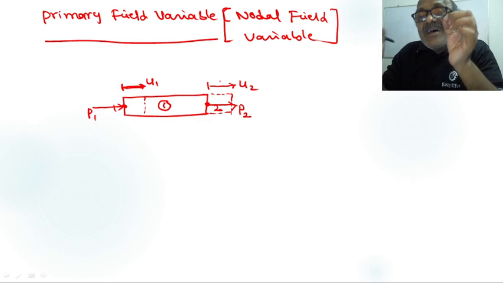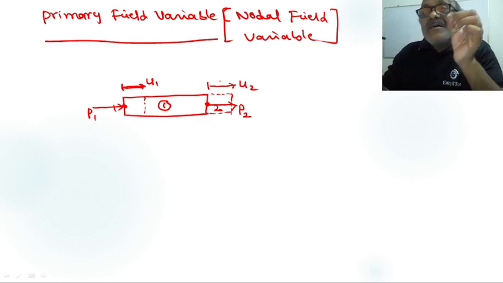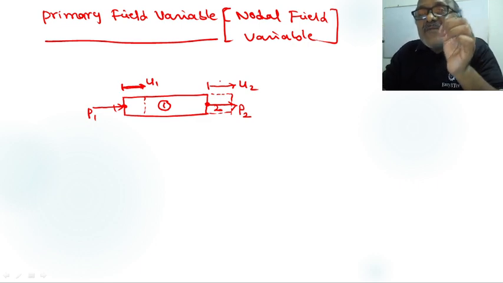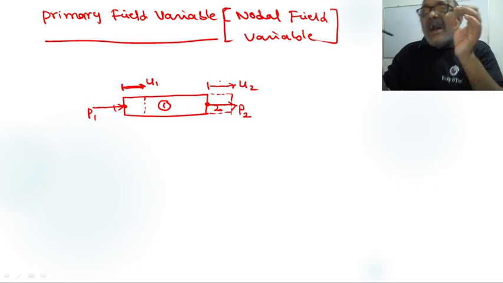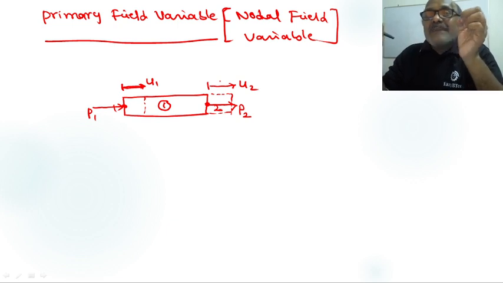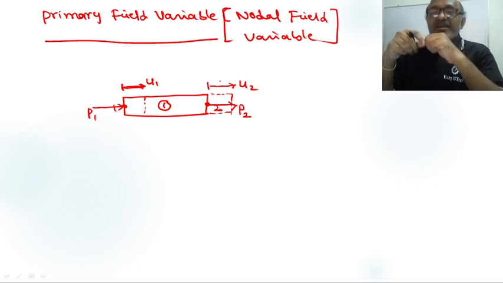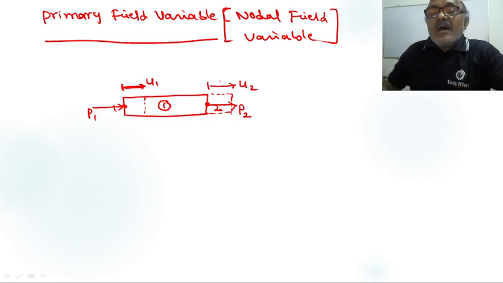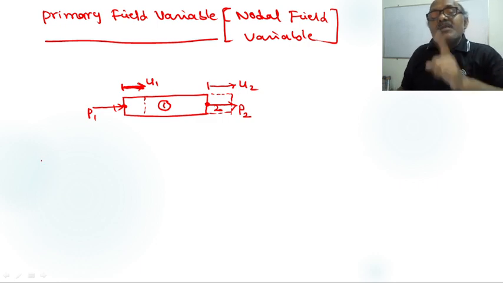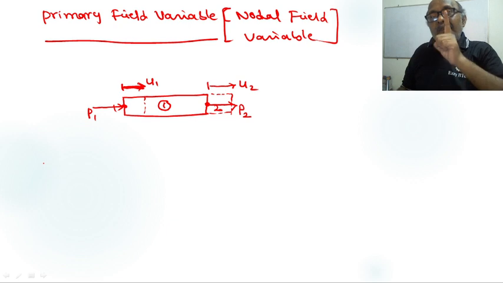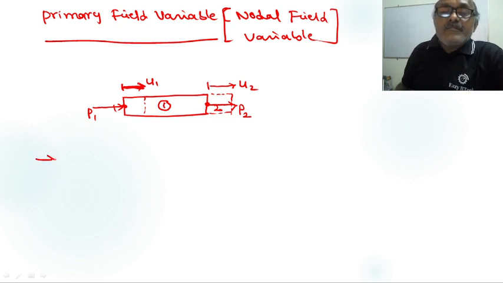So the displacement is a primary field variable here, because node 1 is displaced by U1, node 2 is displaced by U2.